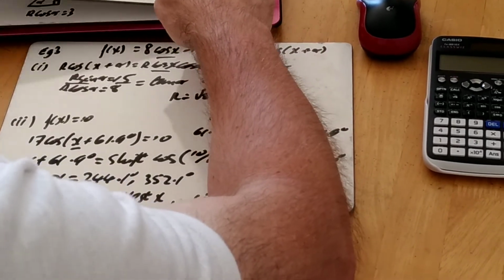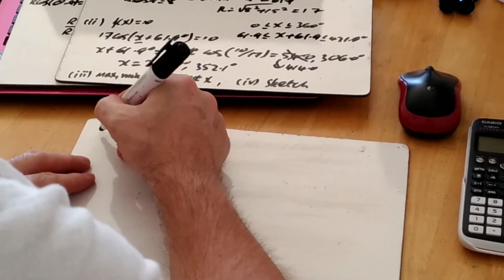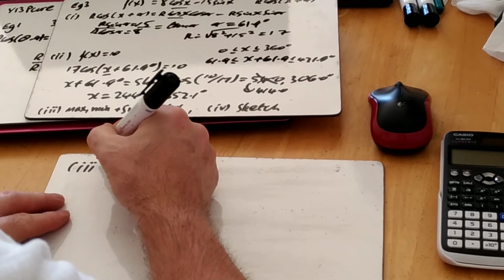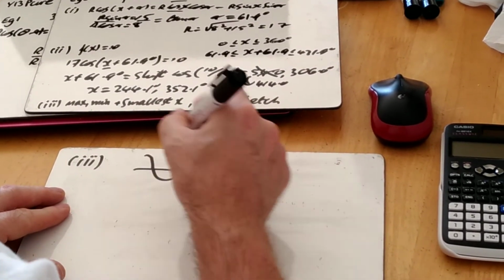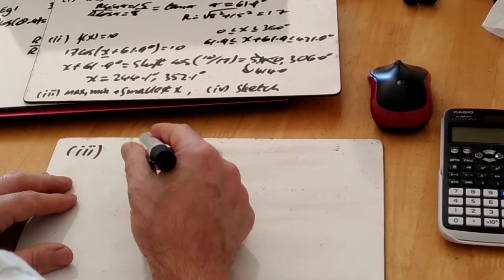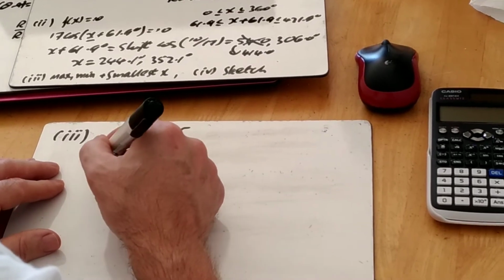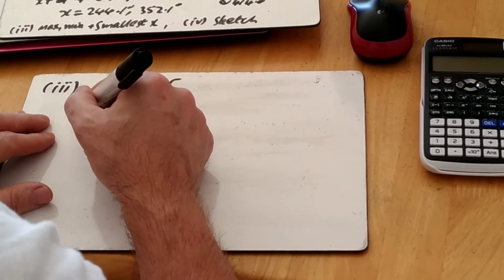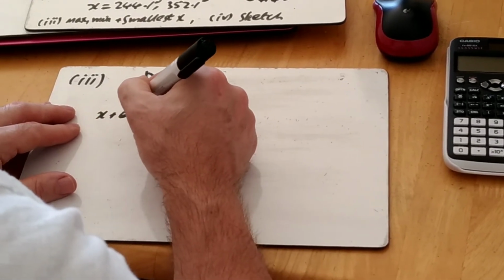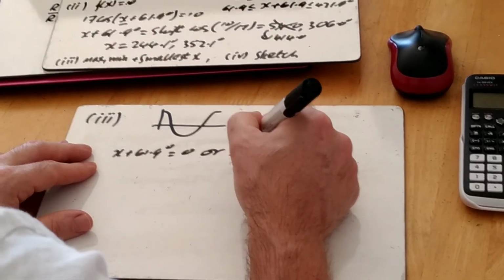So let's have a look now. I know that a general cos curve starts like that. It has the maximum here when the bracket, the x value as it were, is equal to 0, or 360. So I can solve x plus 61.9 degrees equals 0 or 360.